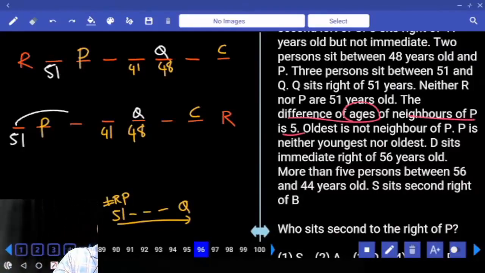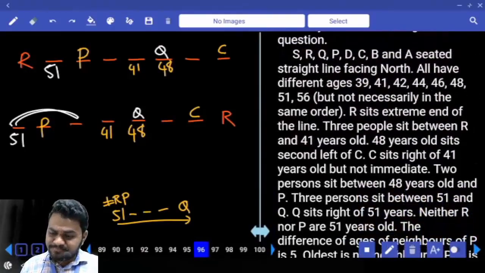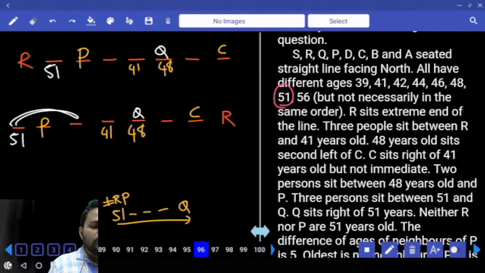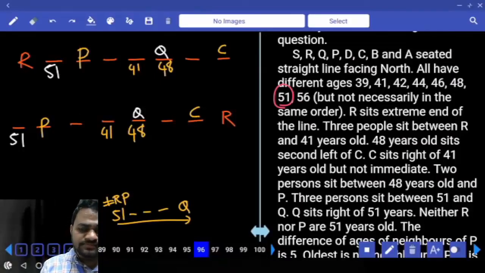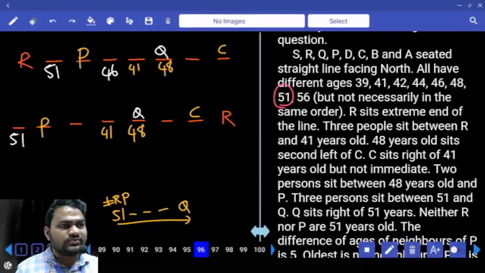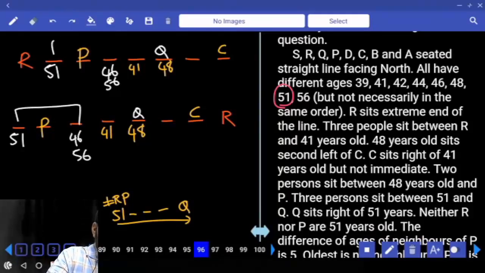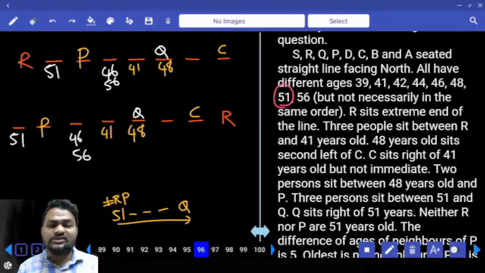Already one neighbor is 51. 51 plus or minus 5 is required. 51 minus 5, 46. 51 plus 5, 56. So the difference between neighbors of P's ages is 5.